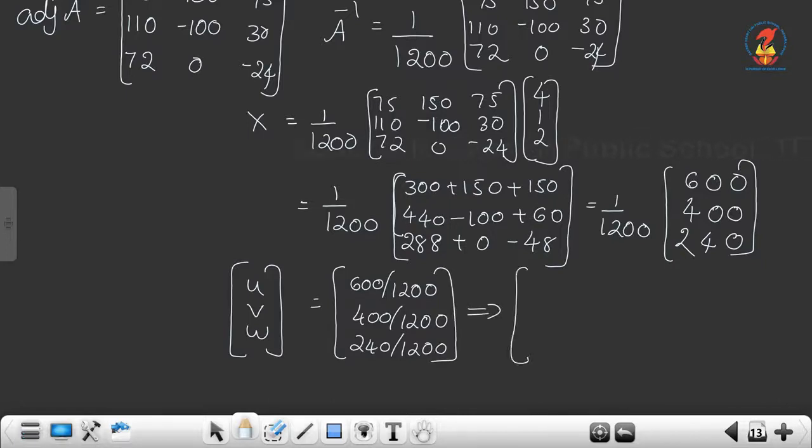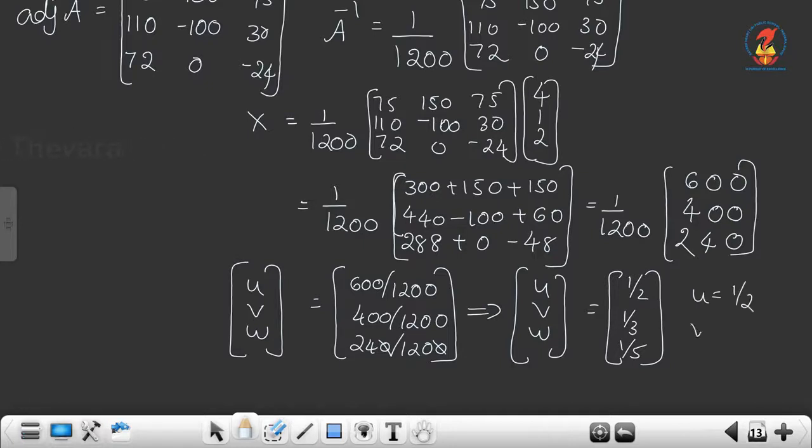So which implies [u, v, w] is equal to 1 by 2, 1 by 3, and what is the last one? 0 cancel, then 2 by 10, that is 1 by 5. So u is equal to half, v is equal to 1 by 3 and w is equal to 1 by 5. So what is x? 1 by x is u. So x is equal to 2, y is equal to 3 and z is equal to 5.